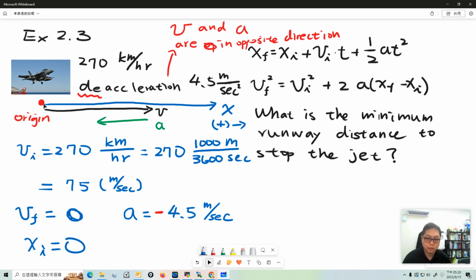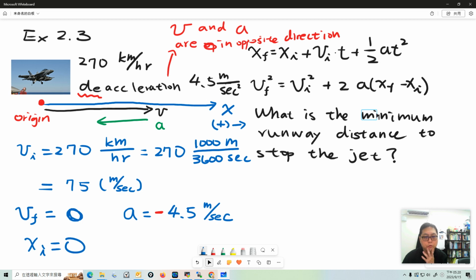Equation 2 is much easier to use, because for equation 1 we would still need the time, and in this problem we don't need to solve for time.